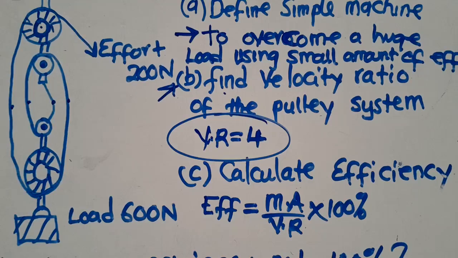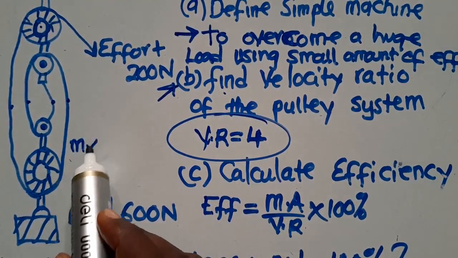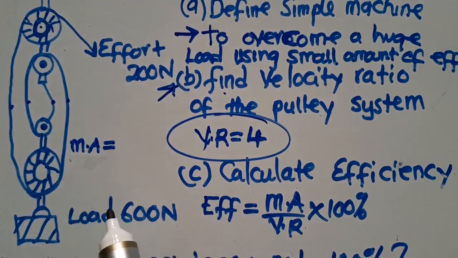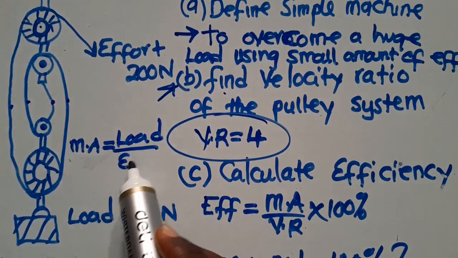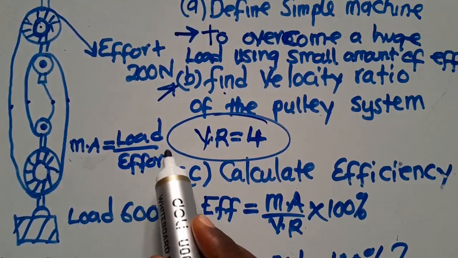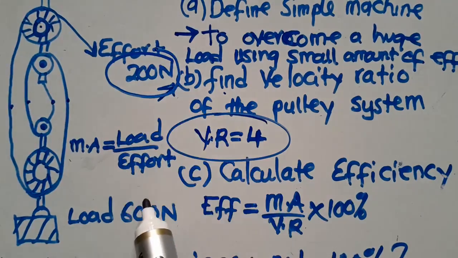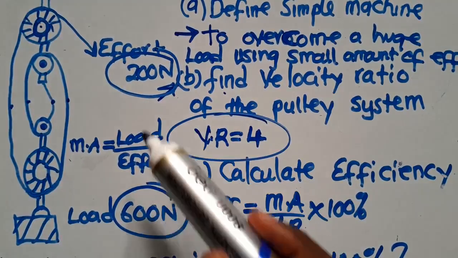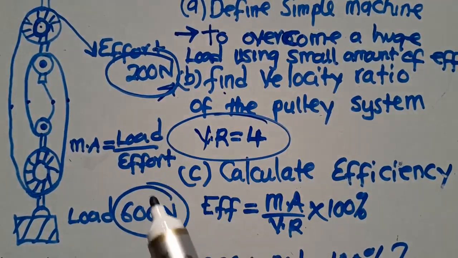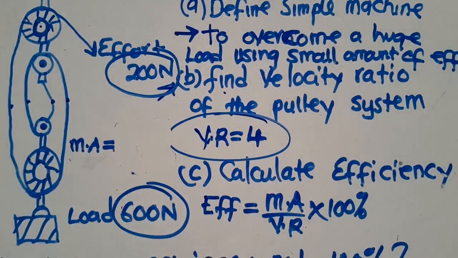If not, you can calculate the mechanical advantage using the formula: mechanical advantage is load over effort. You've been given the effort and you've also been given the load, so you just divide in the formula, load over effort.